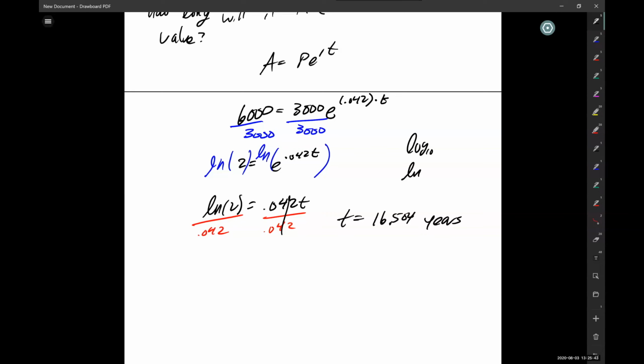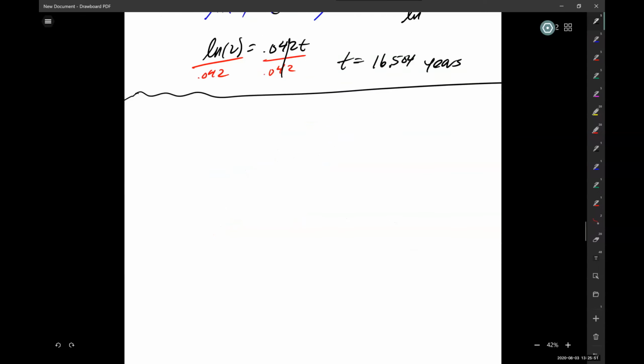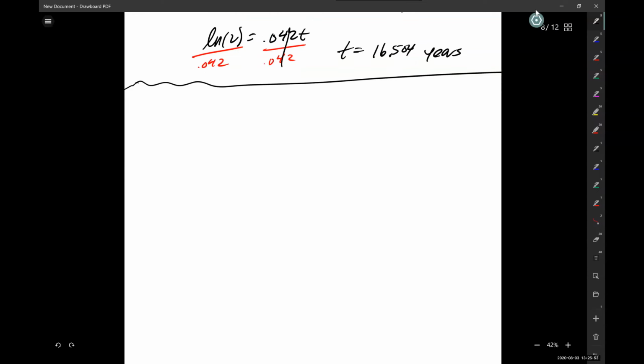All right, that's chapter 10. Chapter 11. This is all of our graphs.